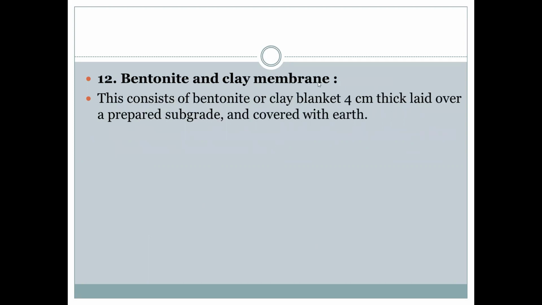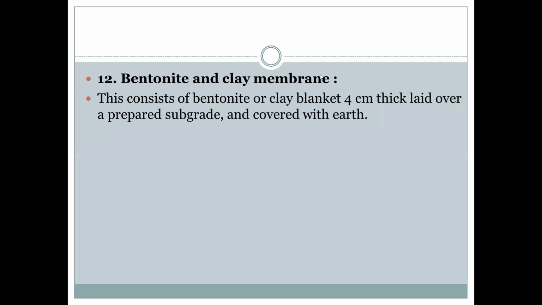And there is the bentonite and clay membrane. In this type of lining, bentonite clay is used. Bentonite is a type of soil. A bentonite or clay blanket having a thickness of 4 cm is laid over the prepared subgrade.